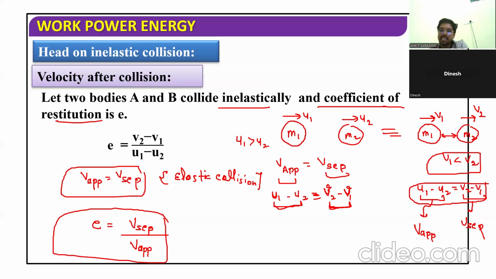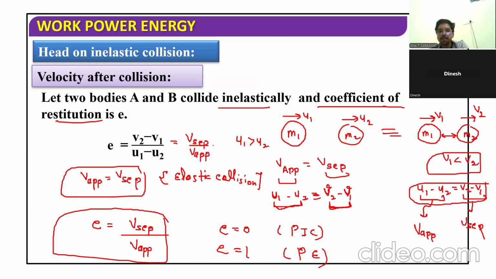Then E will be 0 for perfectly inelastic collision. And E will be 1 for what? Perfectly elastic collision. The velocity of separation is equal to the velocity of approach. So it is the ratio of the velocity of separation to the velocity of approach.